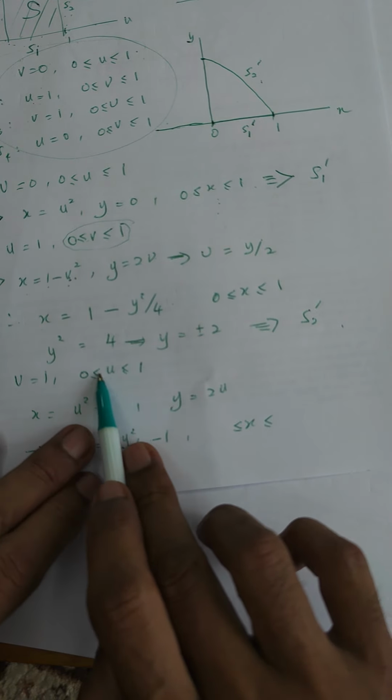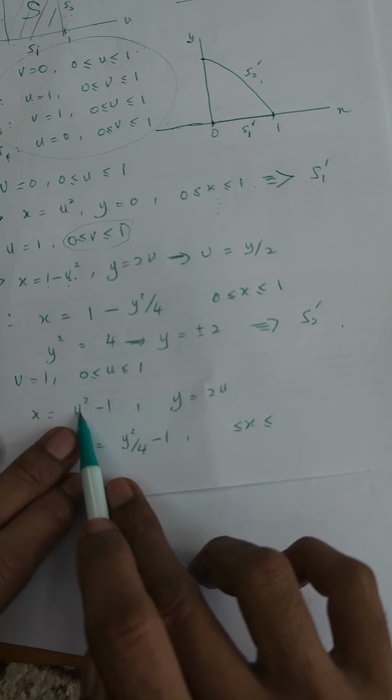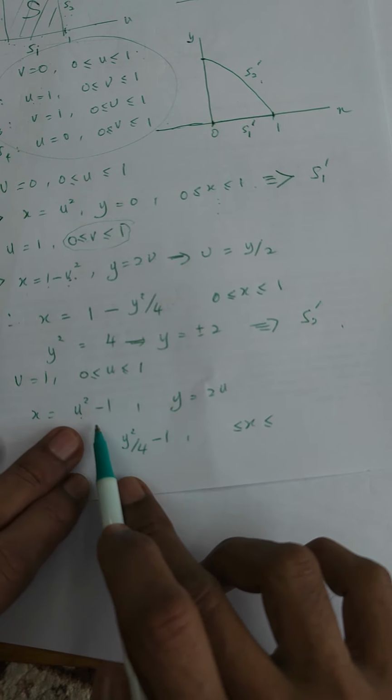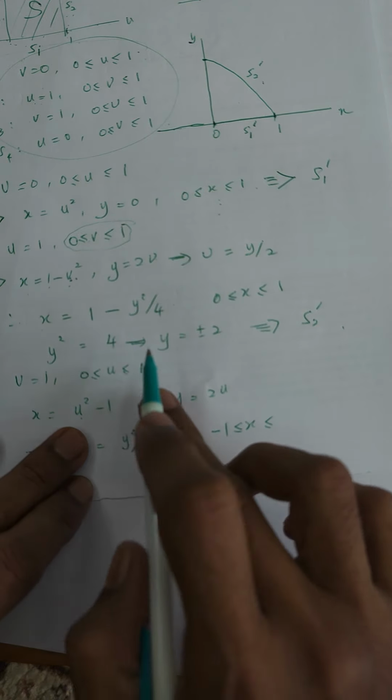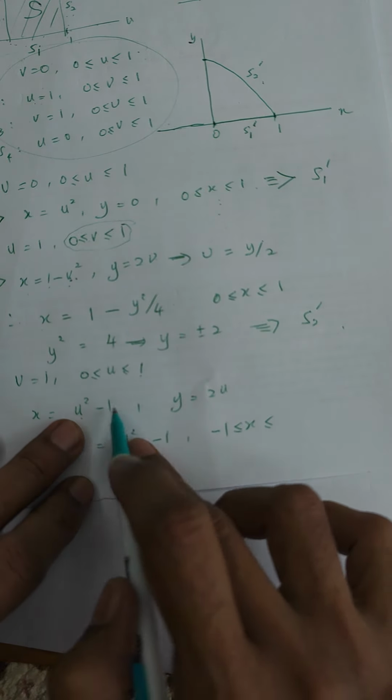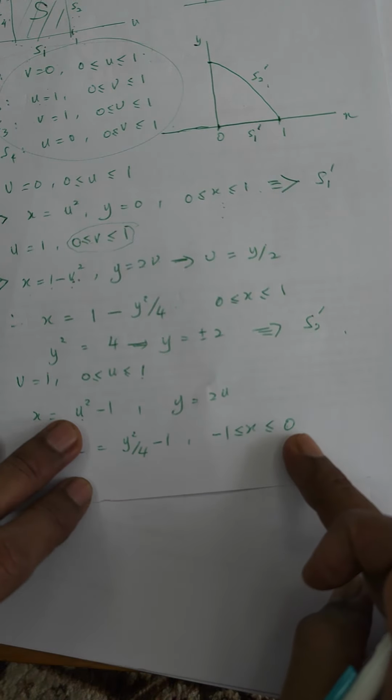U is from 0 to 1, so when U is 0, X is minus 1. When U equal to 1, you get X equal to 0. So we have X from minus 1 to 0.